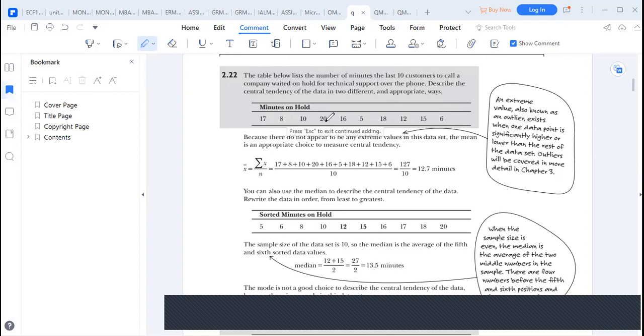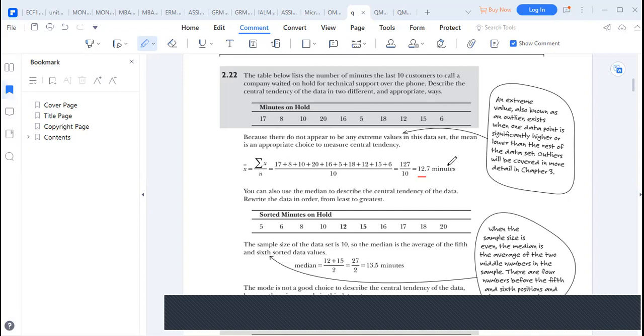So here, we've been given the waiting time. So I want to describe the statistic of this in 2 different ways. Number 1, we have found the mean just by adding them and dividing by 10. So here we can simply say that our mean time that a customer will wait is 12.7 minutes on average.